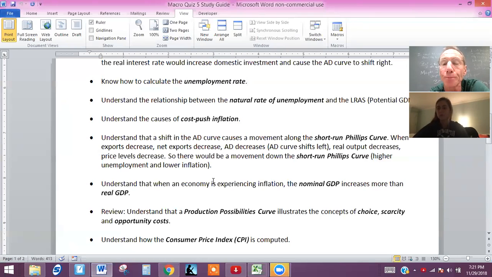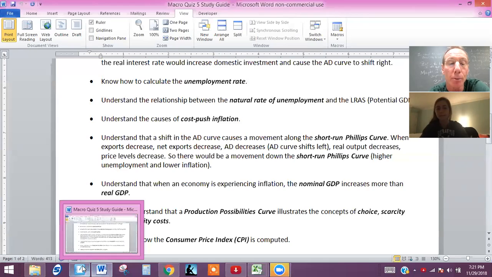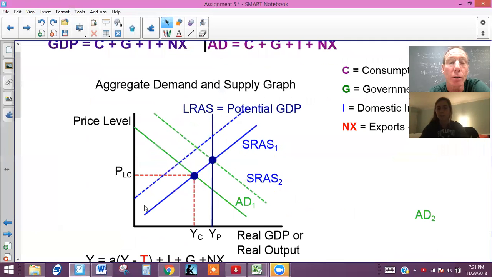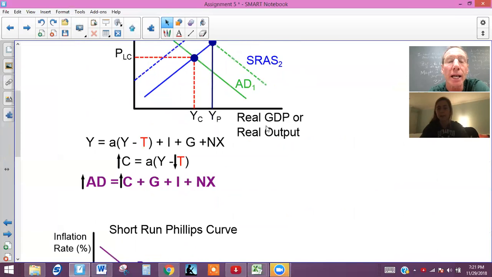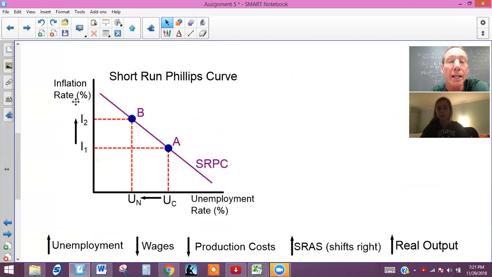Okay, so what we need to understand is that the price levels on the aggregate demand and supply graph are on the vertical axis, and we call that price level, but it's really the same thing as the rate of inflation here.